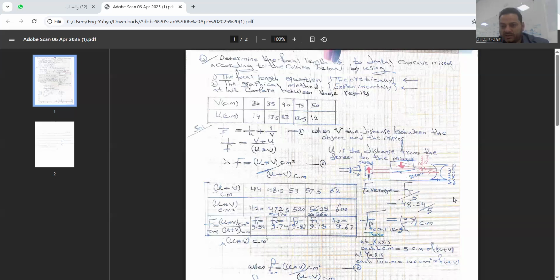Now, U and V, the same thing as the previous experiment. V was the distance between the object or light source and the mirror, and it was the bigger. And U will be the distance from the mirror to the screen, okay?